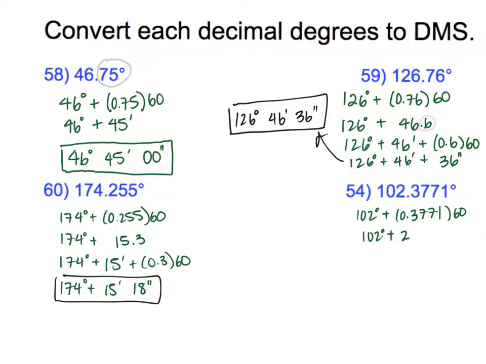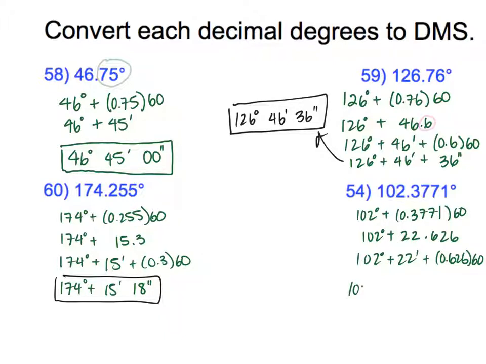Okay, so if you multiply this out, you get 22.626. And so we have 22 minutes. Then we use that decimal, 0.626, and multiply by 60 to get our seconds.